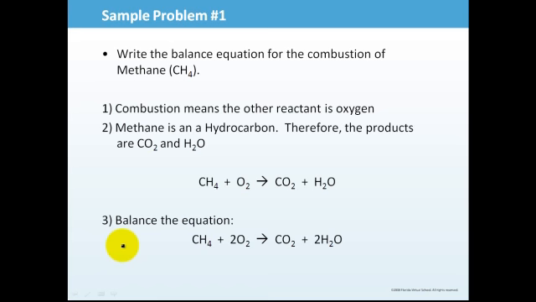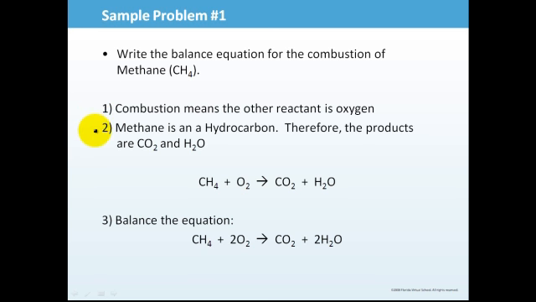All right, so let's look at some sample problems. The first one asks us to write the balanced equation for the combustion of methane. When we're writing balanced equations, first we have to get the information we need. Combustion means that the other reactant has to be oxygen.